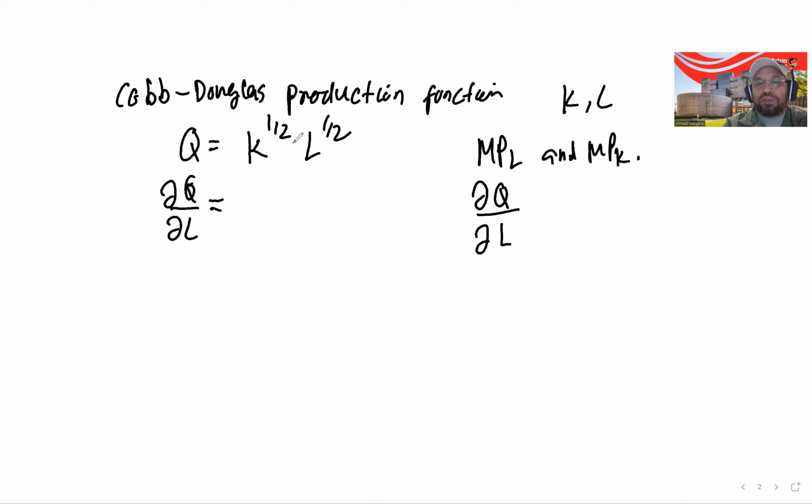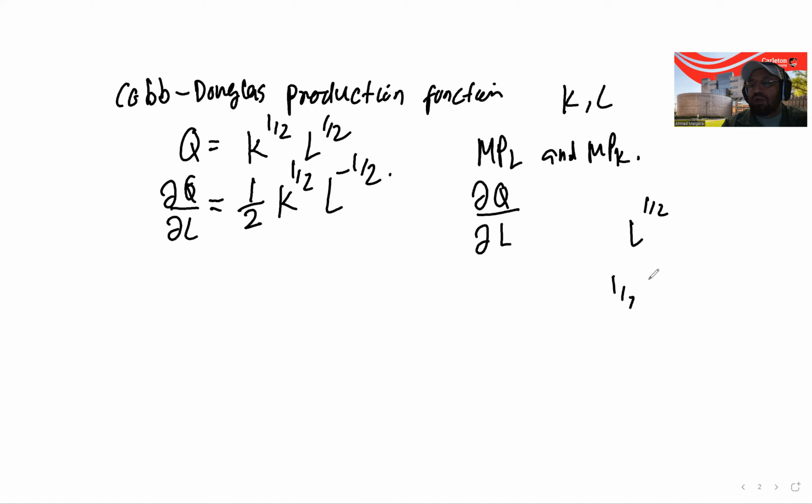Therefore, we get 1/2 K to the power of 1/2 and L to the power of 1/2 minus 1, which becomes minus 0.5. The rule of derivative is that you bring the power down and subtract 1 from it. So that's how you solve.